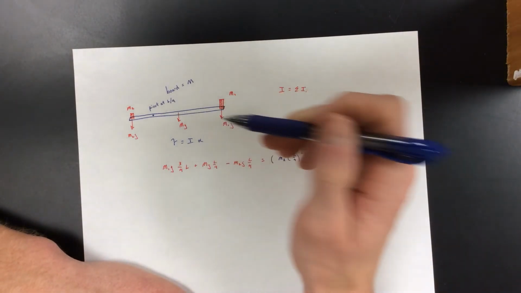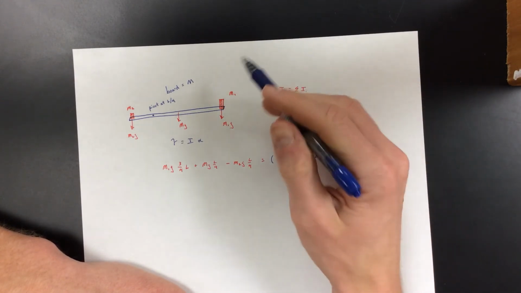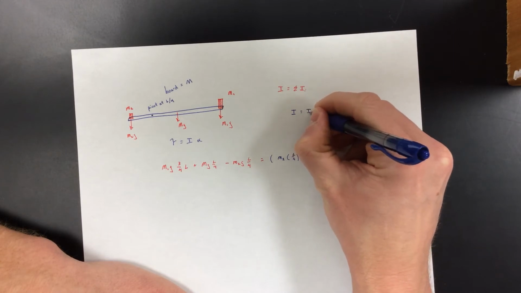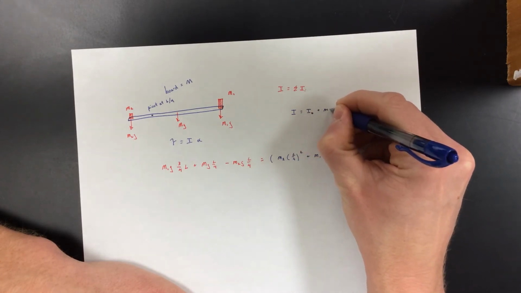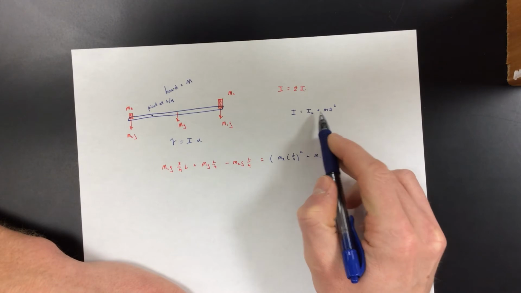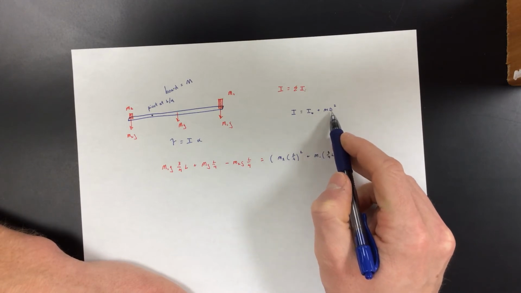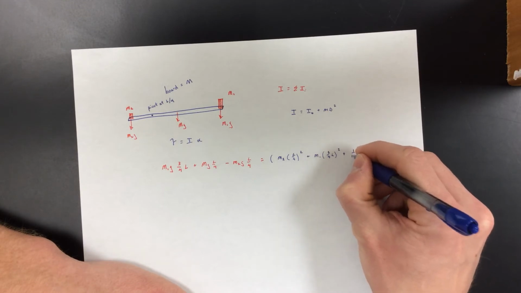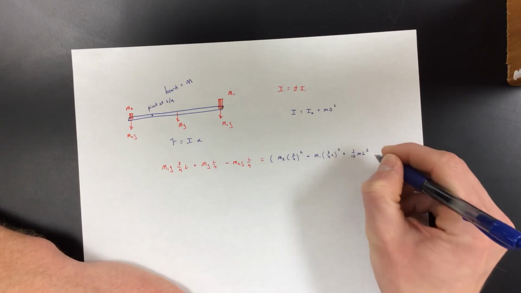And now we have the board. And the board is tricky because we move the pivot from the center. So we have to use the parallel axis theorem. Reviewing the parallel axis theorem says that the new moment of inertia is the center mass moment plus md squared, where d is the distance you've moved the pivot. If you pivot a board from the center, it's 1/12 ml squared.